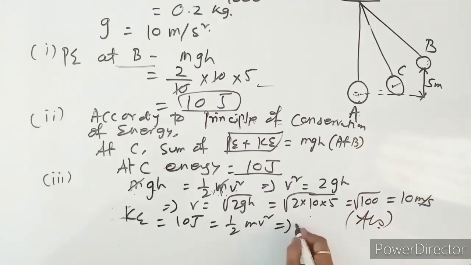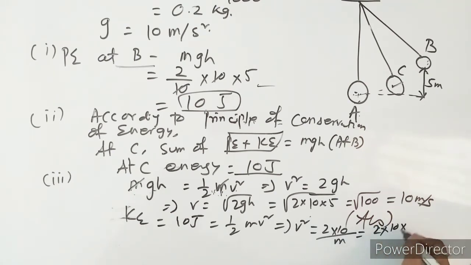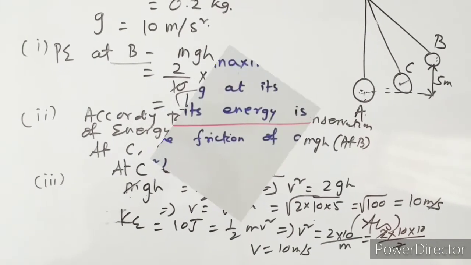So v square equals 2 into 10 divided by m. Here also we are getting 2 into 10 into 10 by 2. So here also we are getting v equals 10 meter per second. Your wish, but you have to mention conservation of energy.